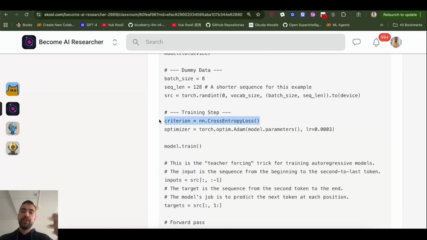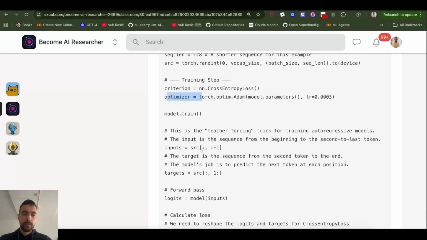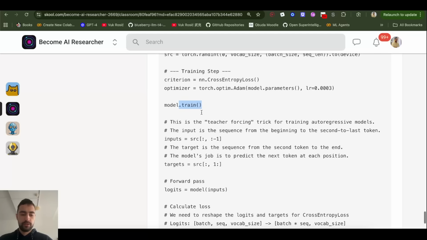If you have 0.001 or 10 as your loss, then there is some bug. I had 0.001 loss because I had some bug, and then I discovered it. So loss should be around 1 to 3. And then model.train, this will train because we are inheriting all of these train methods and stuff from PyTorch. This is done by PyTorch.